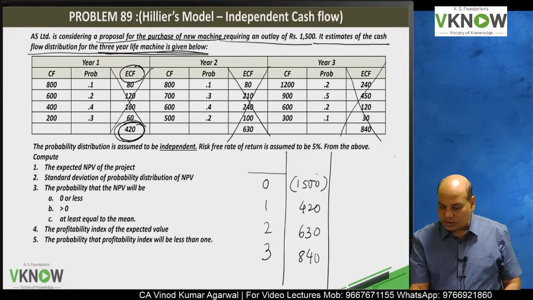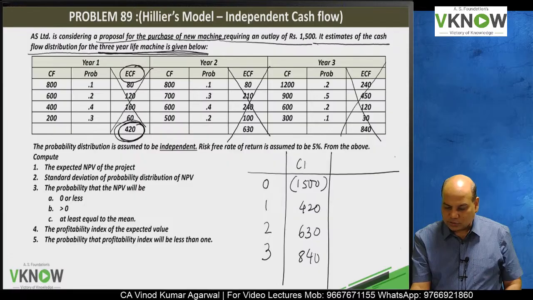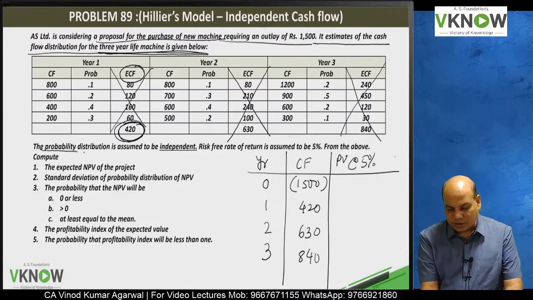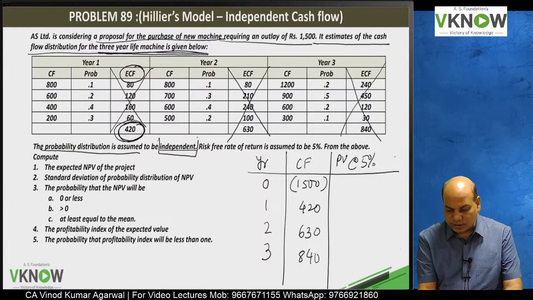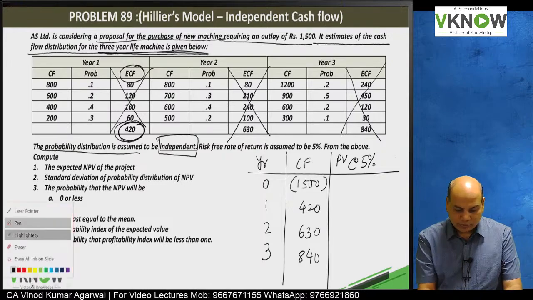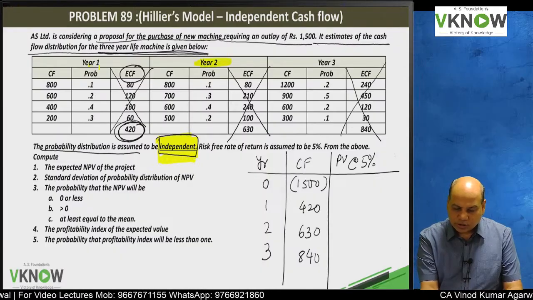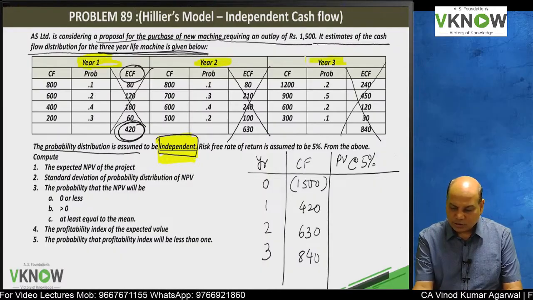So this will be my cash flow and this is year, and then we have to find present value at 5%. Probability distribution is assumed to be independent. Please underline, because my formula for standard deviation will depend on whether cash flows of year 2 are independent of year 1 or not.